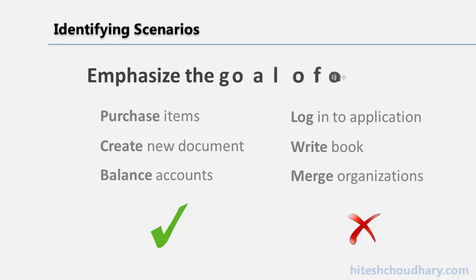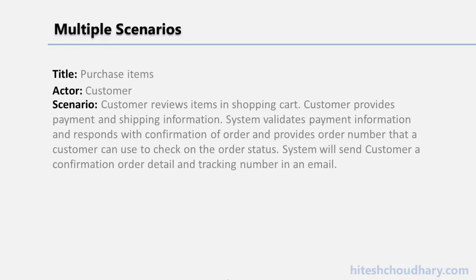Now, a simple use case can still have multiple scenarios. We have talked about the main successful scenario that we want to focus on. This is sometimes referred to as the sunny day use case. What happens when everything goes right? But when necessary, we describe the alternate paths or extensions.